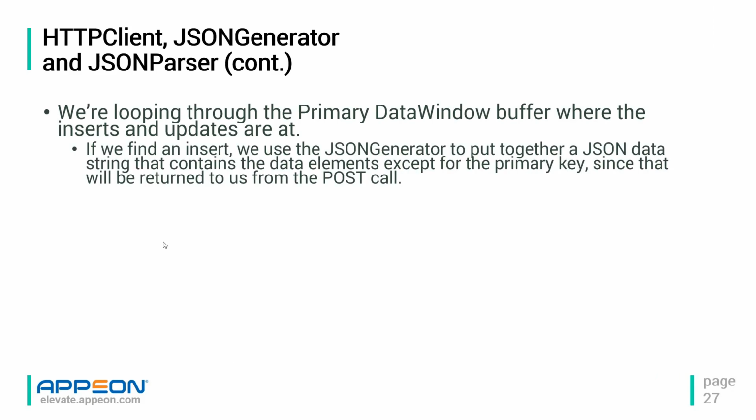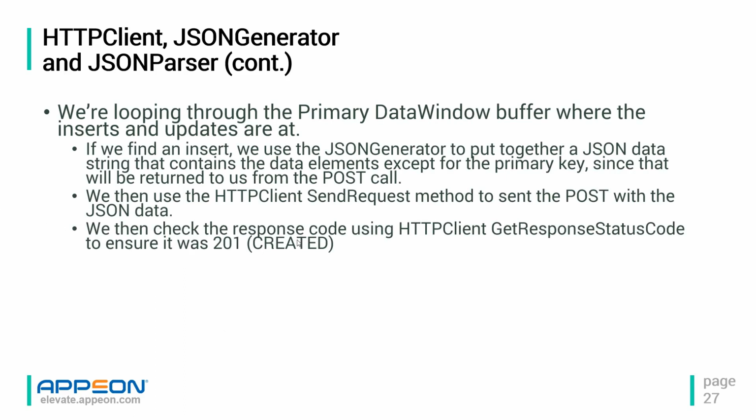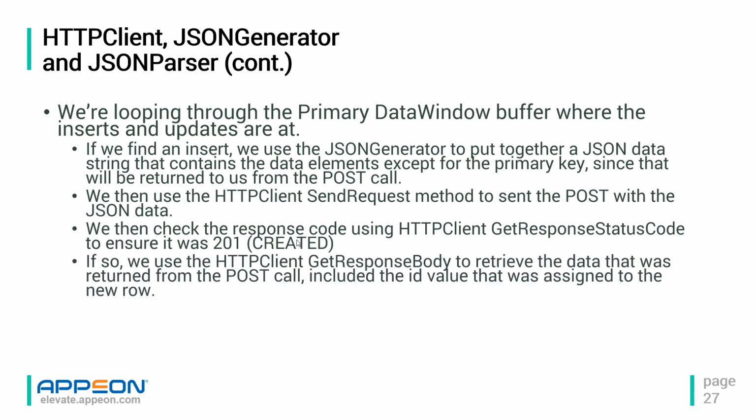Looking through the primary data window buffer for inserts and updates, using the JSON generator to put together the JSON I need to do those. Using the send request method to send a post if it's an insert, and check for a 201.